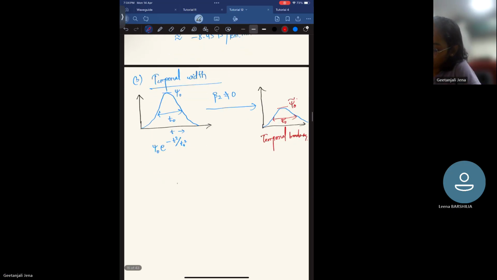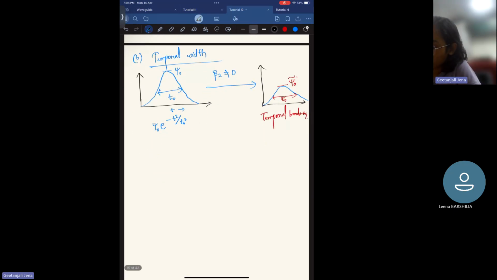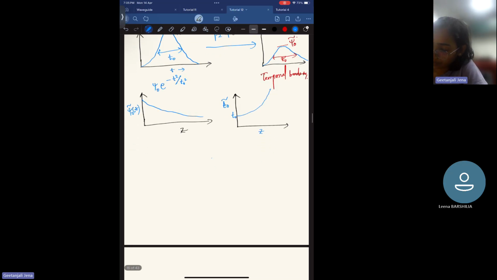The variation is like this: when we move through the fiber, the amplitude will decrease, and the temporal width will increase. T0 is the initial width and T0 prime is the new width due to non-zero values of beta 2.